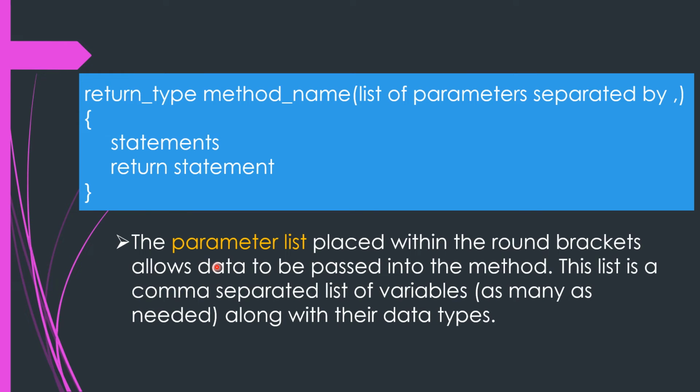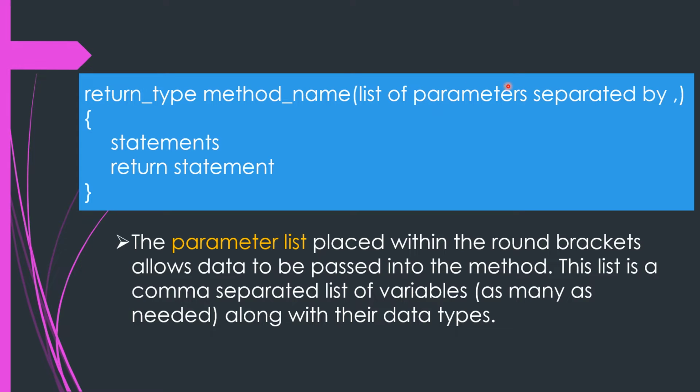Now the parameter list. It is placed within the round brackets. As we discussed, the method name is followed by round brackets. In these round brackets, we have the list of parameters, and as its name suggests, a list of parameters means there will be a list containing many parameters.